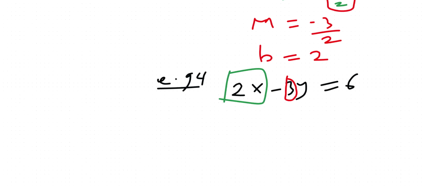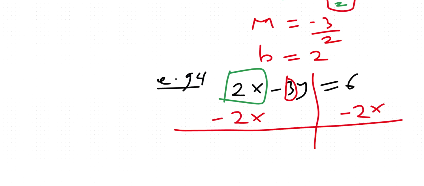I've told you it's going to be the opposite sign. If this is positive, to remove it, it's going to be negative 2x, because we want it to be 0. And whatever you do to the left, do it to the right. So I've told you, partition it. That will make it easier for you.